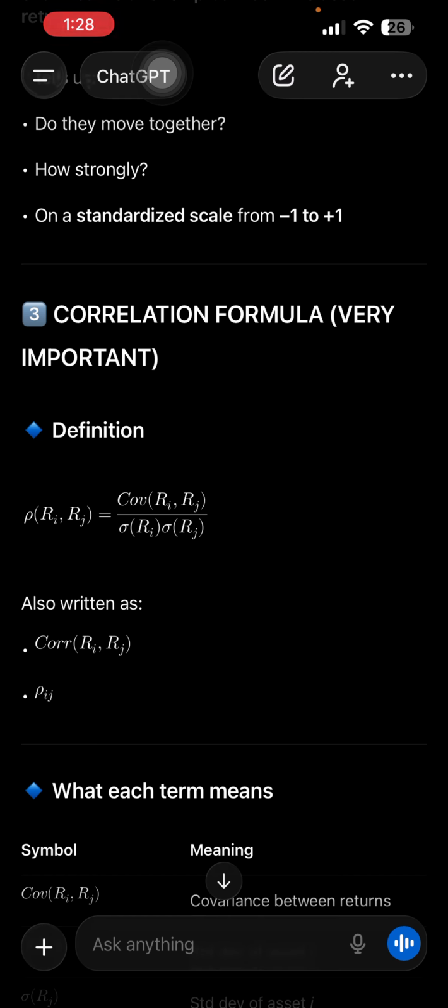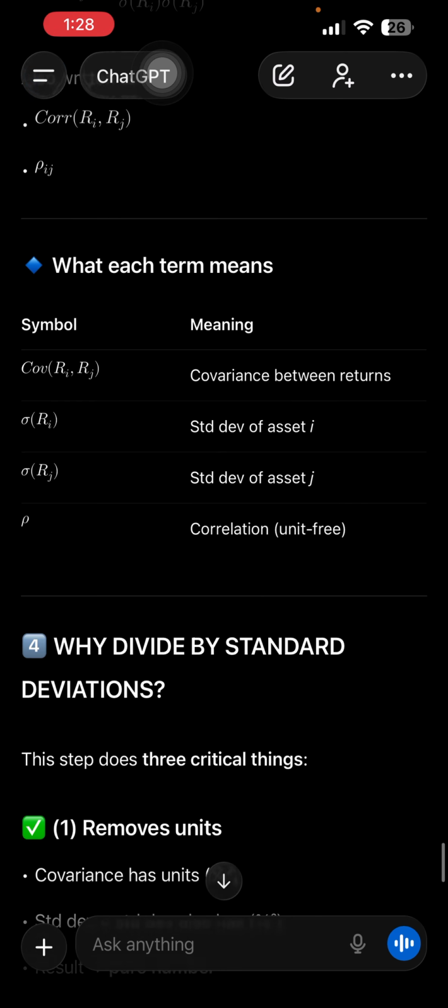Correlation of return on asset i and return on asset j is equal to covariance of return on asset i and return on asset j divided by standard deviation of return on asset i into standard deviation of return on asset j. That is the formula that is written here: Rho Ri Rj equals covariance of Ri Rj divided by standard deviation of Ri into standard deviation of Rj. That is what is mentioned here.